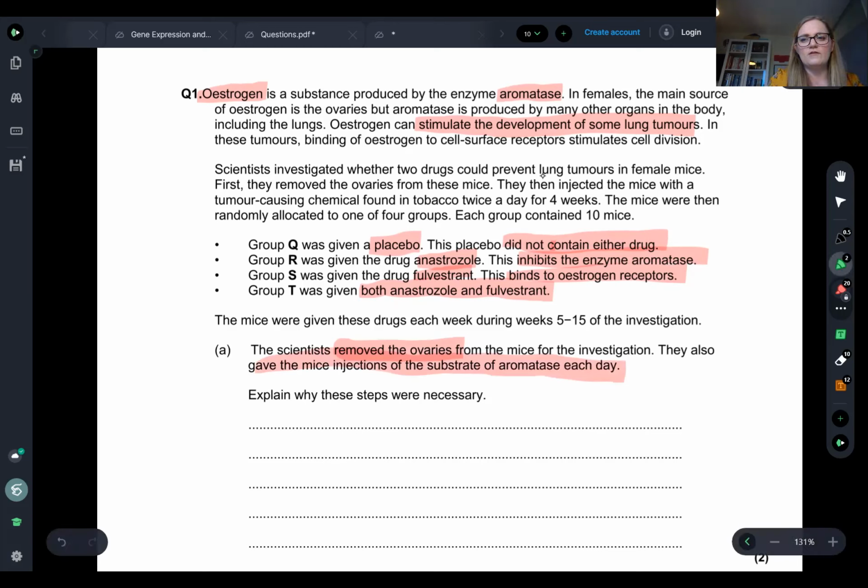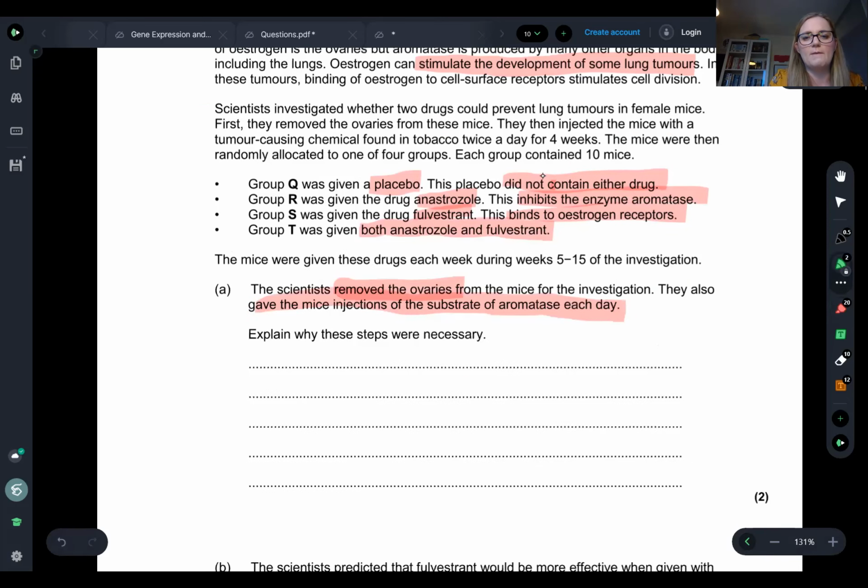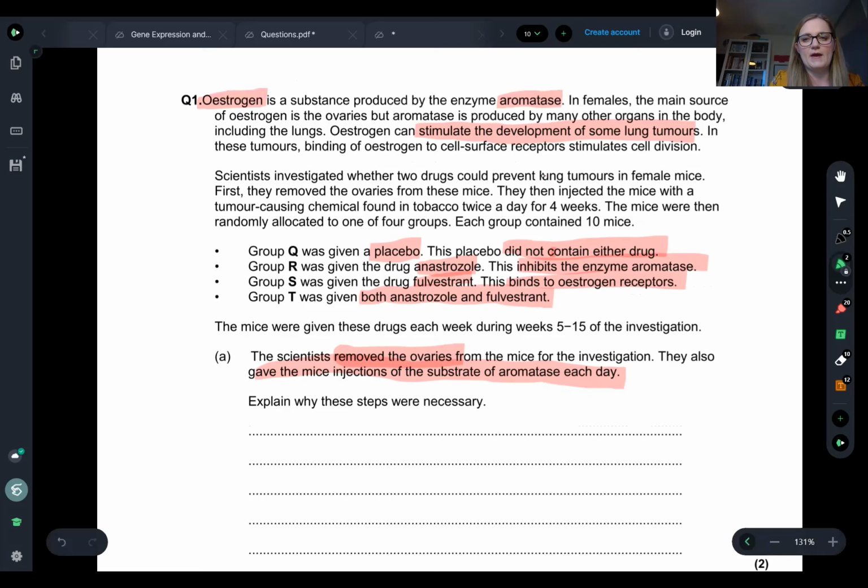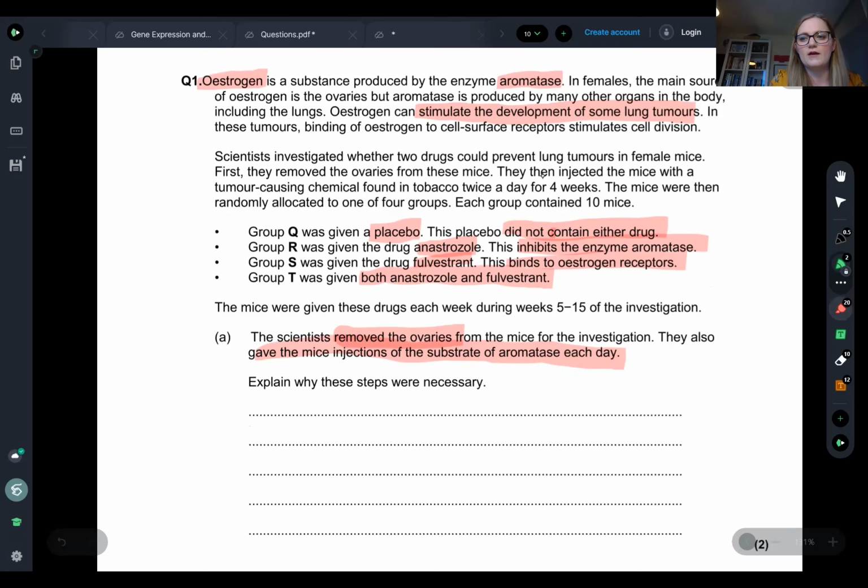It basically wants us to say why we're getting rid of the ovaries and why we're injecting the mice with the substrate of aromatase each day. So first of all, the question is looking at how estrogen's made. And up here, we've been told in females, the main source of estrogen is the ovaries, but it's also produced in other parts of the body, including the lungs.